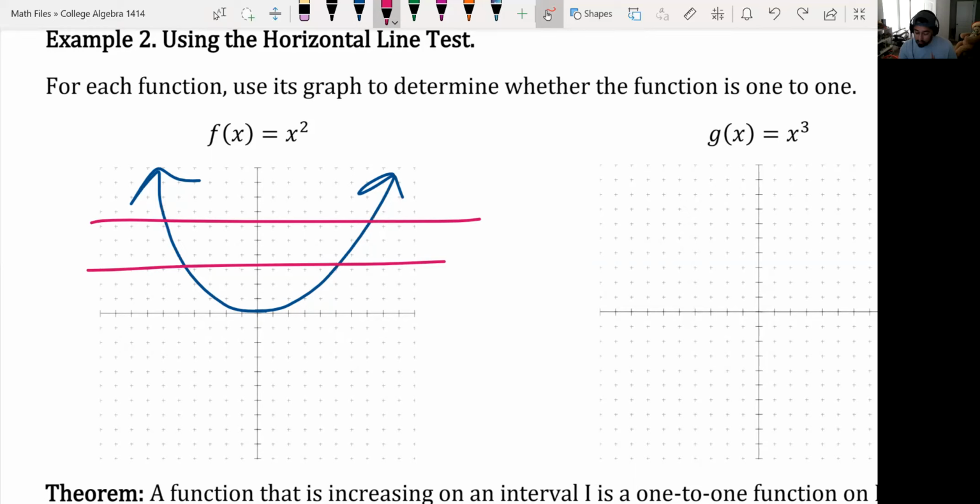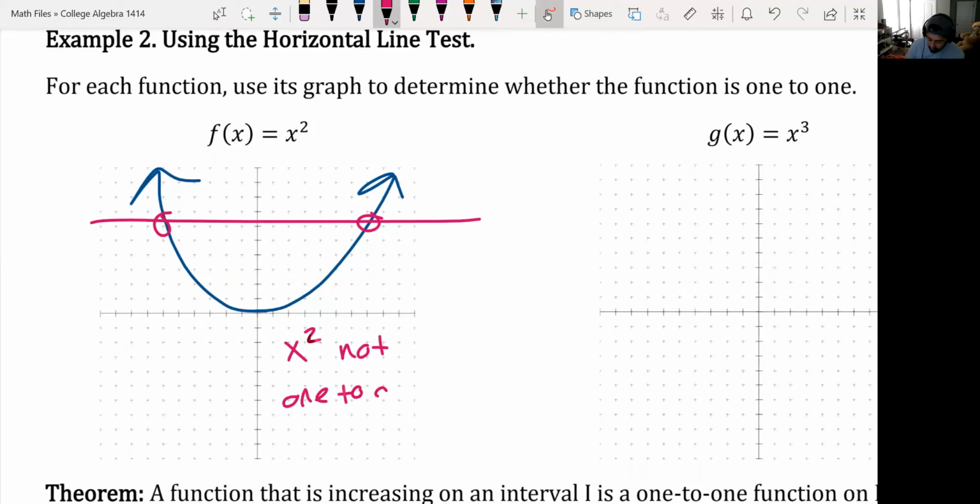Therefore, x squared is not a one-to-one function. Because this means two x values share the same y value.